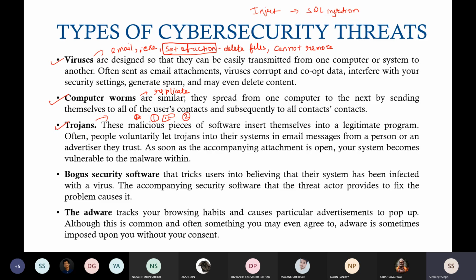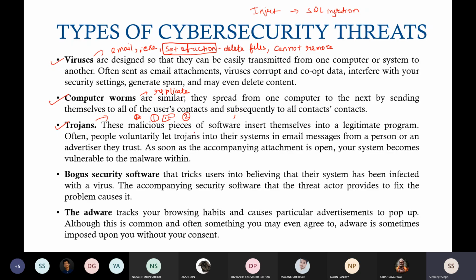Now it is applicable to this. A Trojan seems like legitimate software. You cannot think that it is a virus or a worm. It seems like legitimate software which is instructed to do simple things. It can change your system, it can gain remote access, it can keep a watch on whatever you are doing.